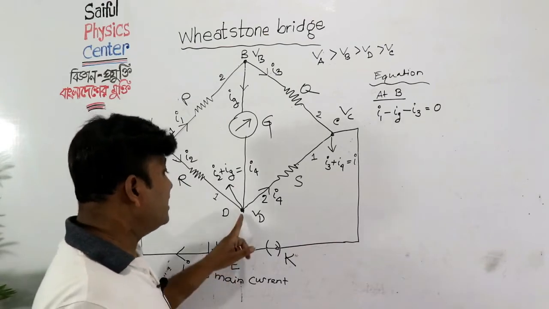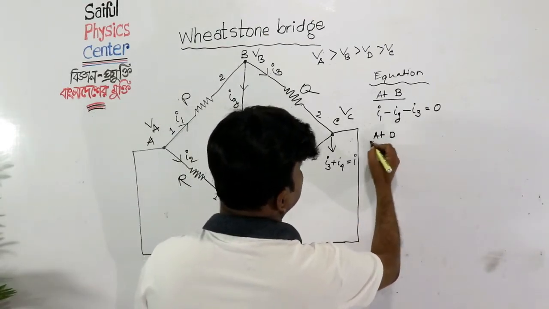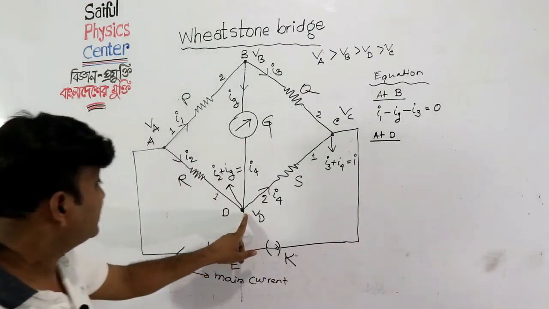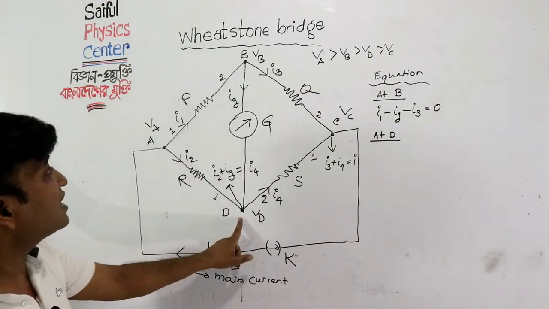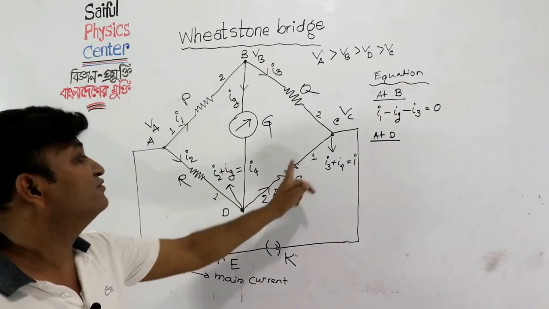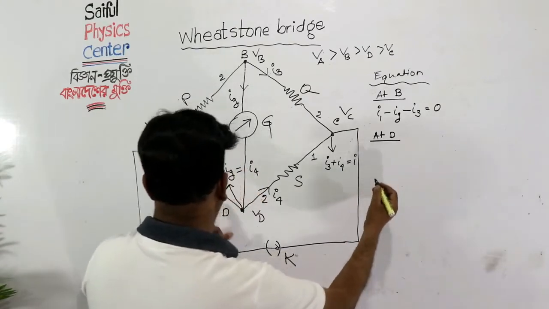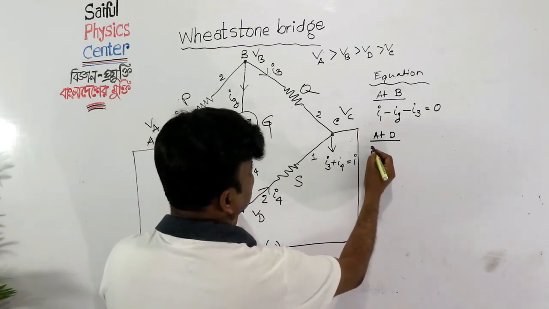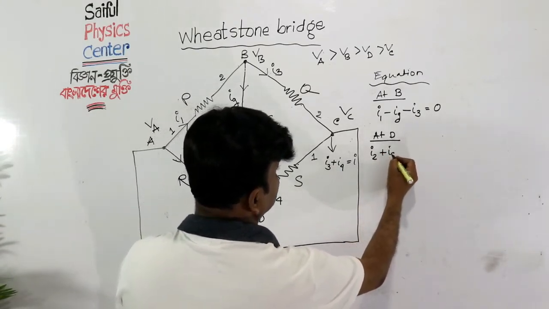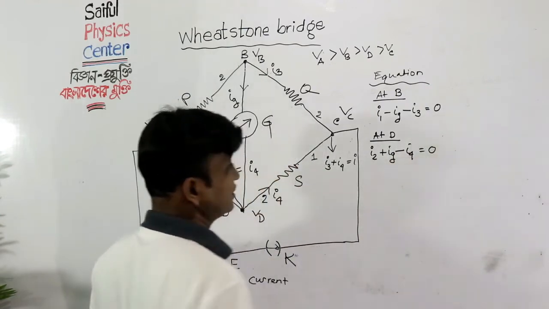Okay, again at point D, we can use the junction law. Here I2 is incoming current, IZ is also incoming current, but I4 is outgoing current. That's why we can write I2 plus IZ minus I4 equals 0.